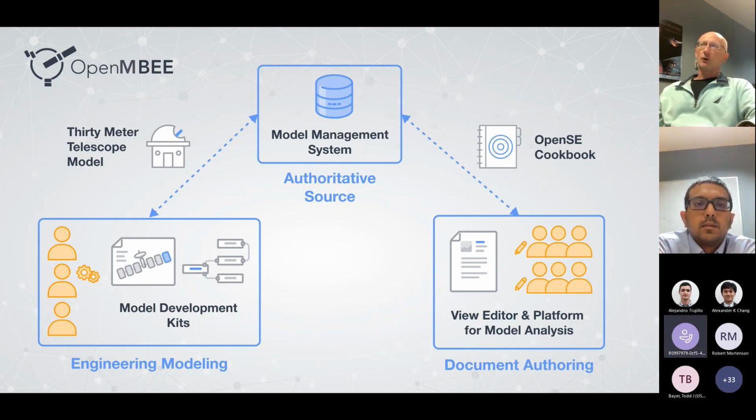And then you have the document authoring right on the right-hand side. So the model management system acts as the authoritative source. There's version control. The latest architectural version is fully graph-based. You can put all your ontologies-based data inside and cross-reference it when you author your documents.